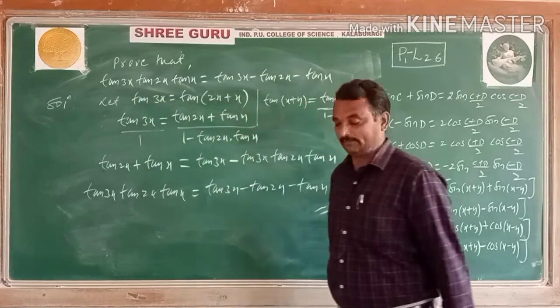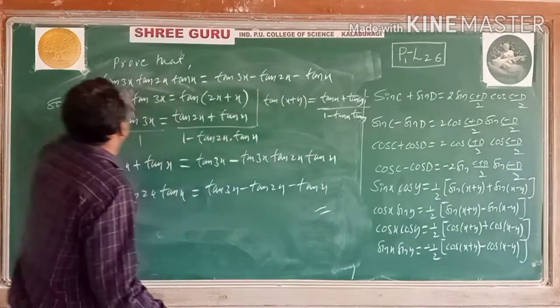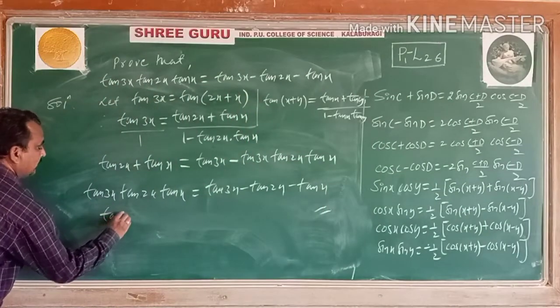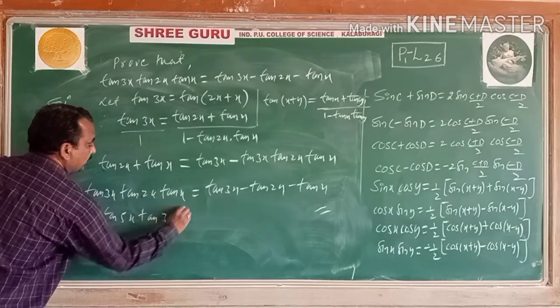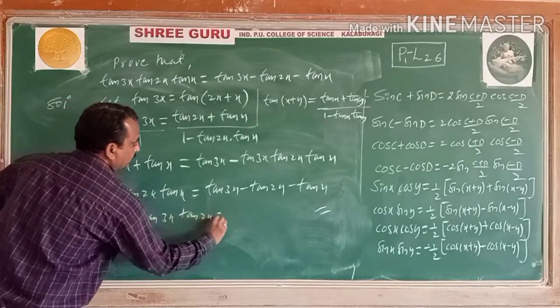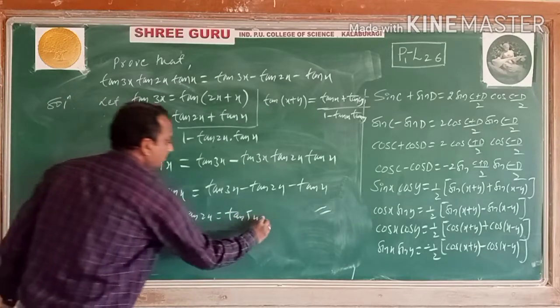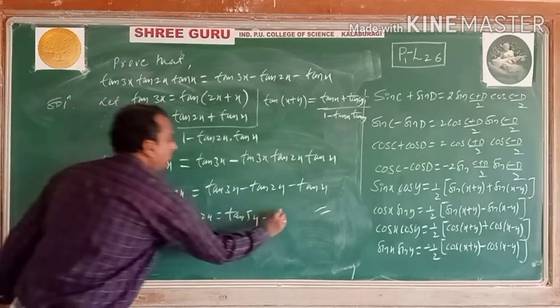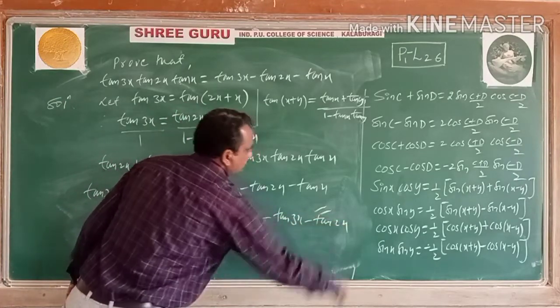Tan 2x plus x. You may expand this example like that also, students. You may express tan 5x into tan 3x into tan 2x equal to tan 5x minus tan 3x minus tan 2x.